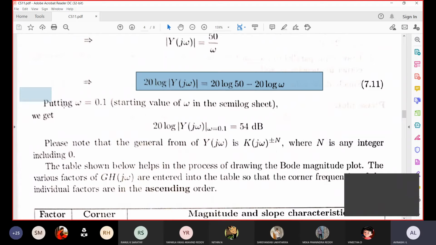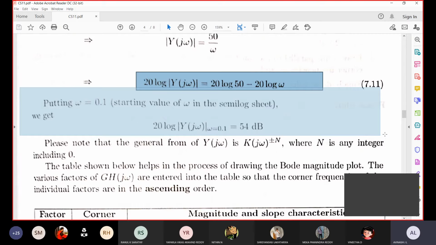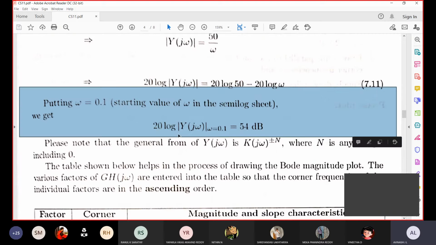Then y of j omega at omega equal to 0.1 will be equal to 54 dB. That means we calculate 20 log 50 minus 20 log 0.1. When you do this process, you will end with the answer 54 dB. Please check it out. You will get the same answer.